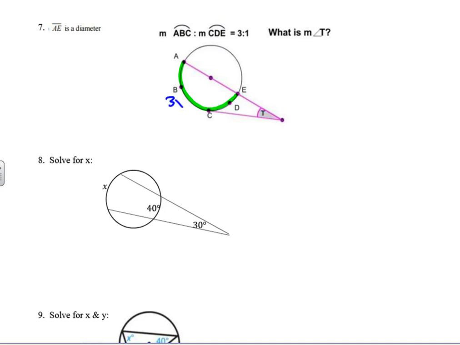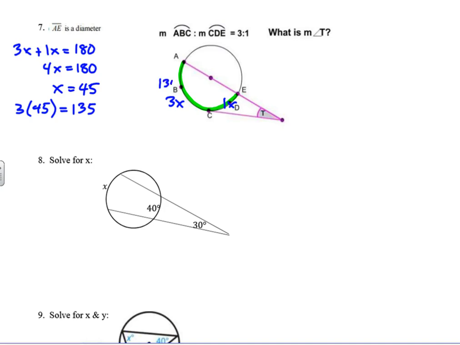So if we call this 3x and this 1x, we know that 3x plus 1x equals 180. So 4x equals 180. And so then 180 divided by 4 is going to be 45. So 3 times 45 would be 135.